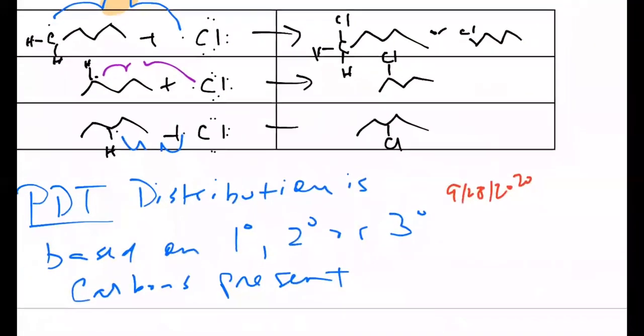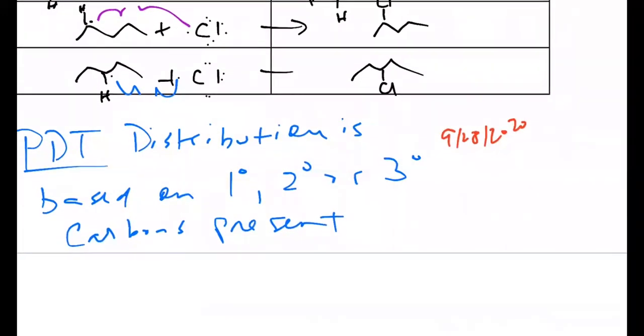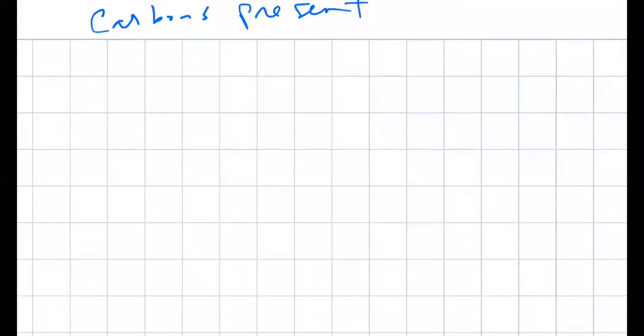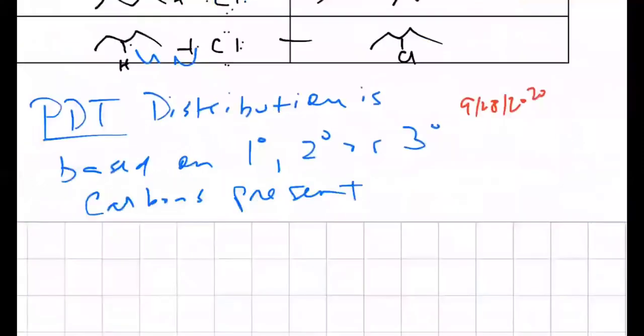So let's say, let me add a page right here real quick. And then I just wanna kind of point this out. So let's say I have these two radicals like this. Let me make sure I draw the right thing. So I had this radical with a radical here on this carbon.